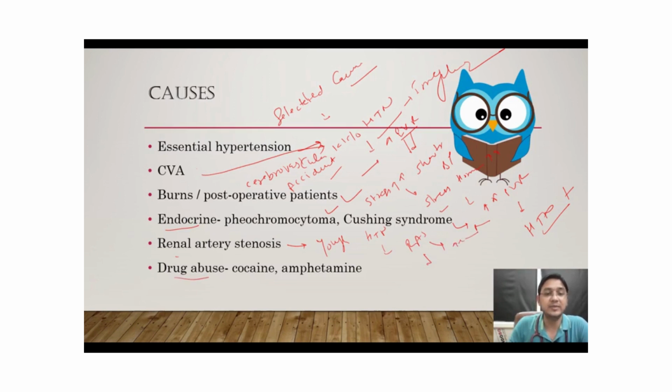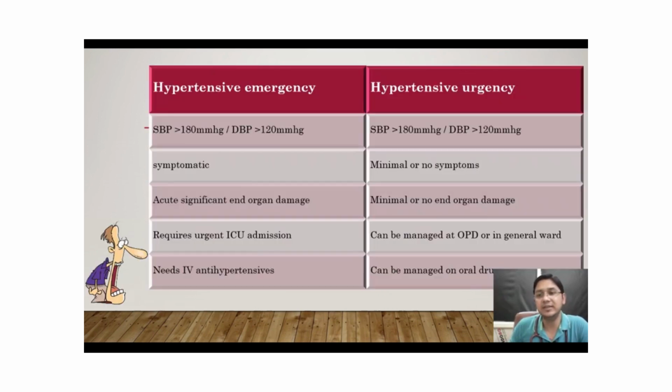In drug abuse patients who are chronic abusers or IV abusers, cocaine and amphetamine are the two common drugs that can cause very high BP. So these are the few common causes which you can see in your OPD and IPD.